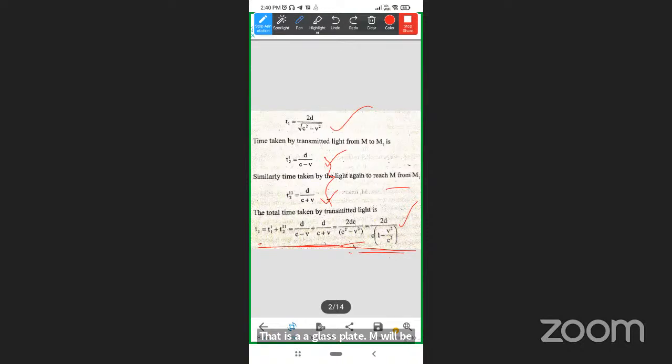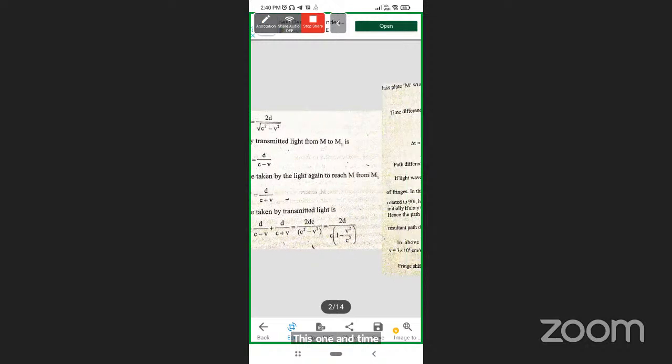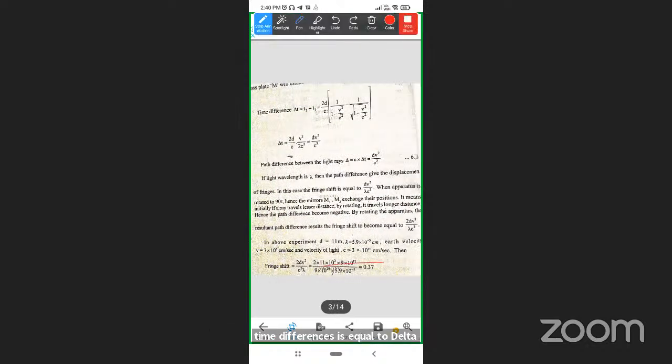Then you can observe the interference pattern in the telescope. So the pattern is observed through the telescope. Here T1 and T2 both came, for the transmitted light and the reflected light. After this we can find out the path difference. So first of all, let us take the time difference. Time T1 is equal to this one and time T2 is equal to this one, and the time difference del T is equal to T2 minus T1.